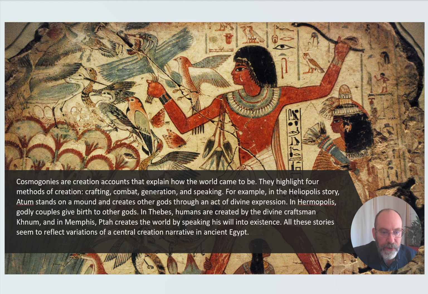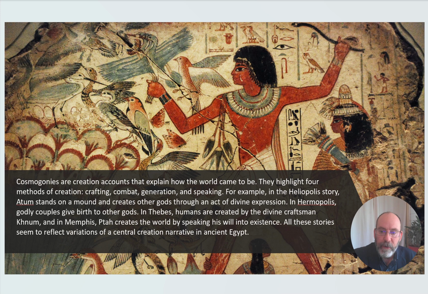And the first one we start here is this idea of cosmogonies, or creation accounts that explain how the world came to be. So they highlight 4 methods of creation: crafting, combat, generation, and speaking. So just the spoken word doing it.